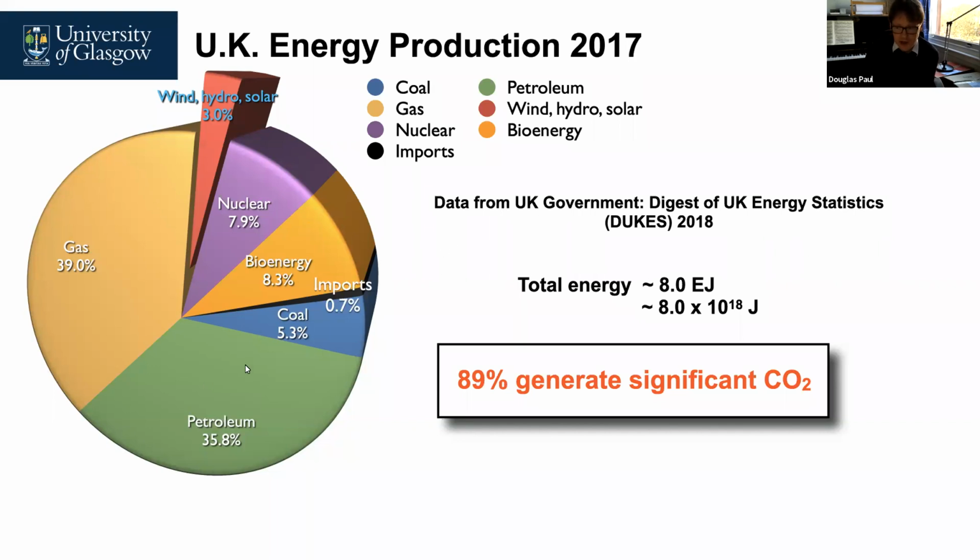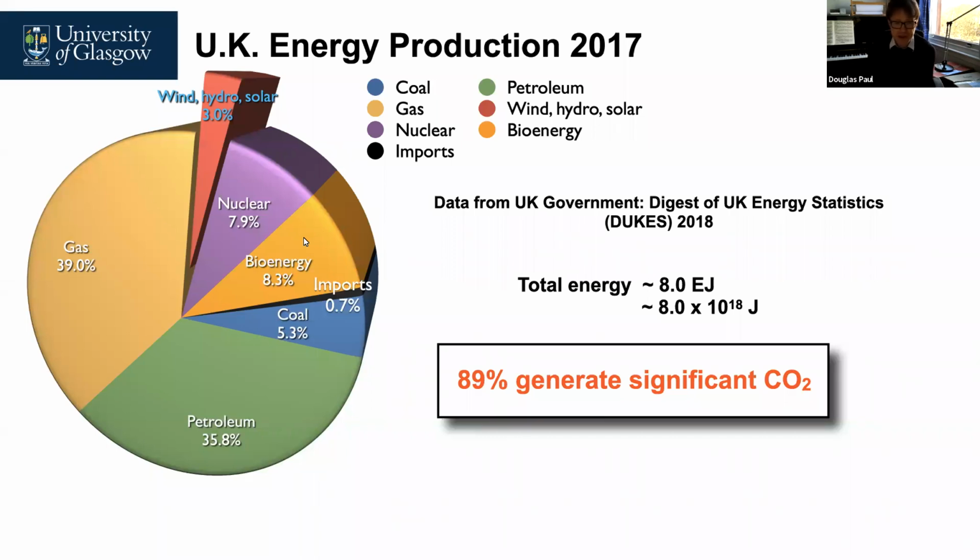So even if we try and reduce the dependence on particularly gas, petroleum, coal, we're still going to be using low carbon generation forms such as bioenergy and nuclear that are still dependent on thermal cycles.